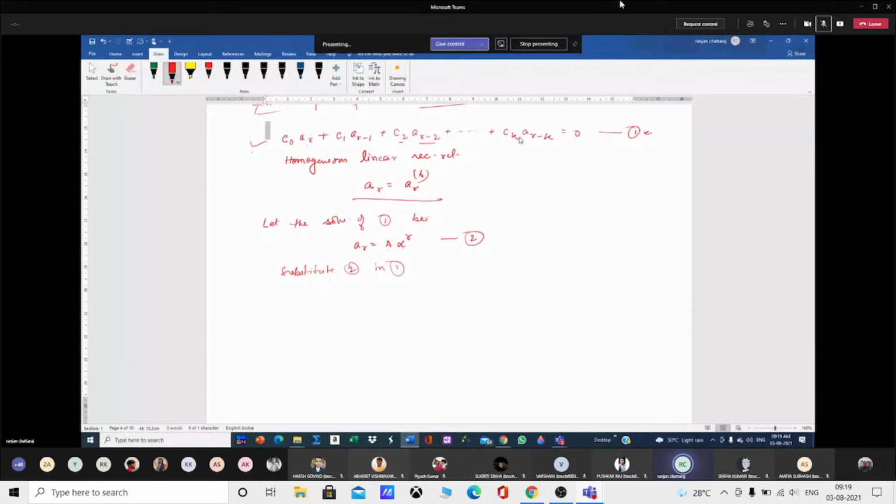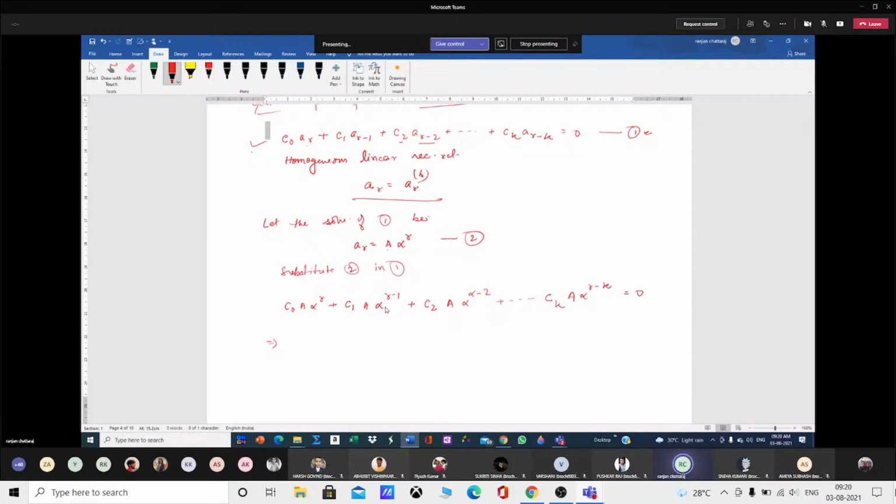So we are getting A alpha^r plus C1 A alpha^(r-1) plus C2 A alpha^(r-2) and so on, plus C_k A alpha^(r-k), and this equals 0.